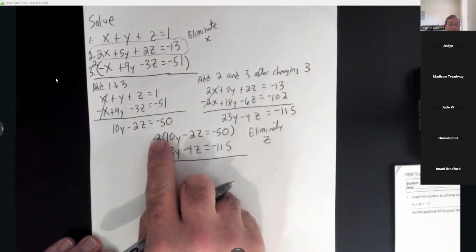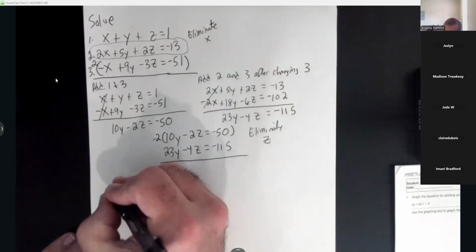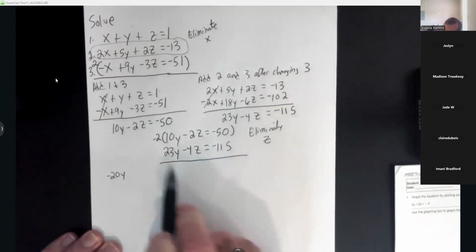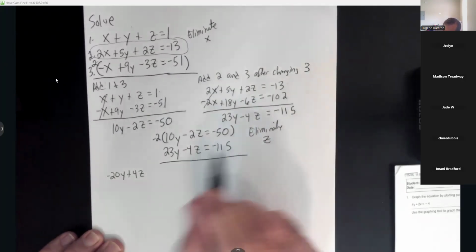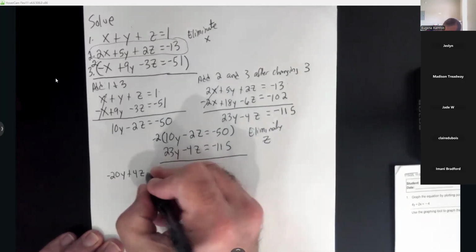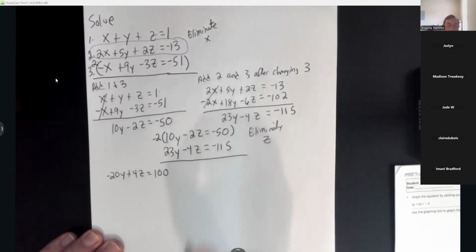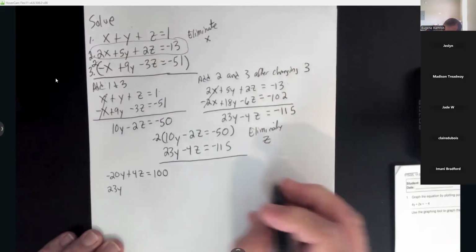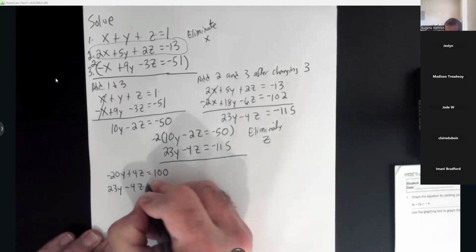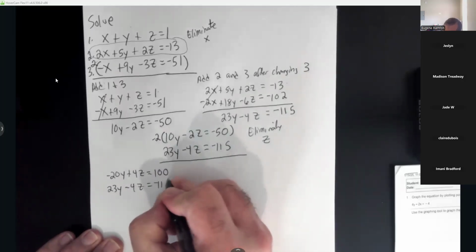So -2 times 10 would be -20y. -2 times -2 would be a +4z. And then -2 times -50 would be a +100. Bring this row down, 23y minus 4z equals -115.